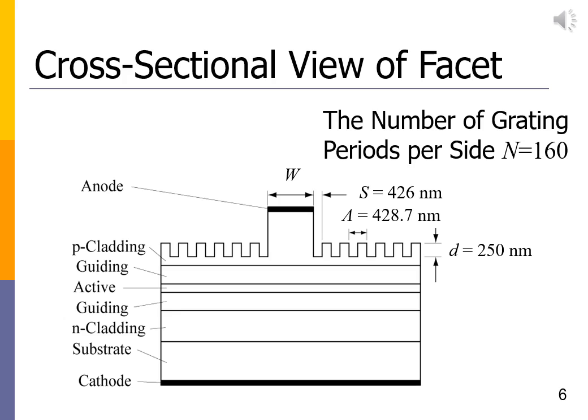The grating pitch lambda for the third-order gratings is 428.7 nanometers. The number of grating periods per side N is 160. The grating depth D is 250 nanometers. The cavity length is 1200 microns. Power reflectivities of the front and rear facets are 2 and 90%, respectively.